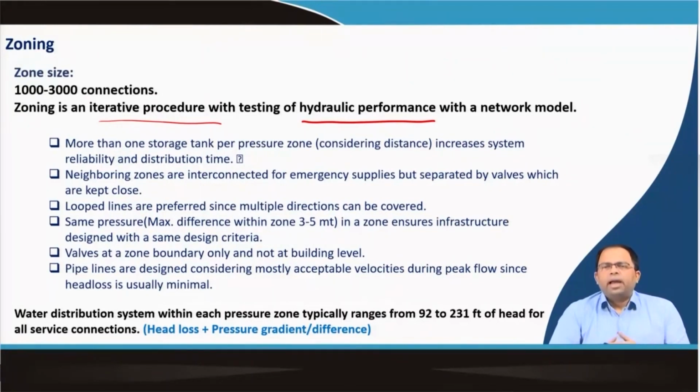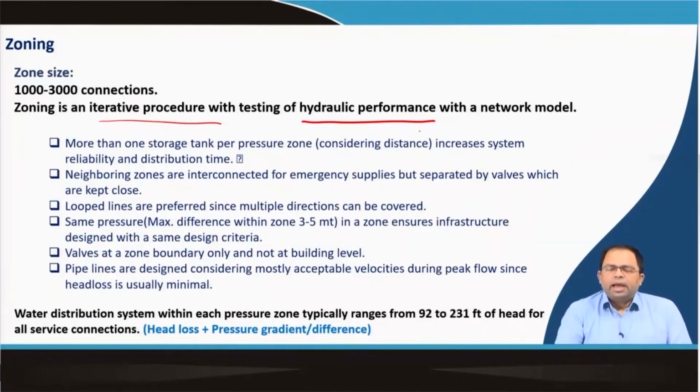We can do it mathematically by hand, but because it's a very complex network, it's very difficult. So, nowadays we use software, and we run the software and simulate the entire supply during peak period, non-peak period and so on, and we see if the pressure is exceeding at certain nodes or points. Those have to be rectified, or maybe we have to change the diameter of pipelines and so on.